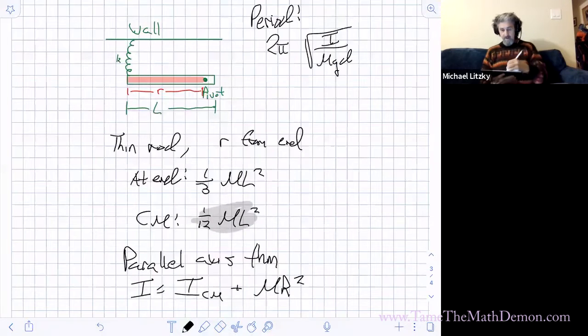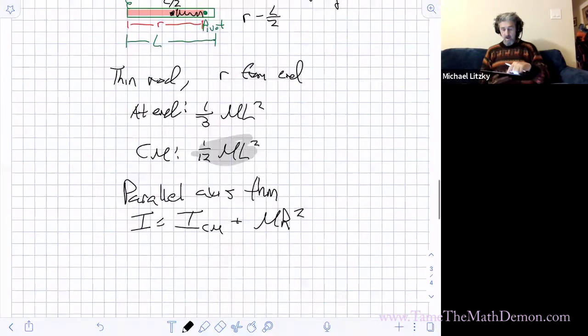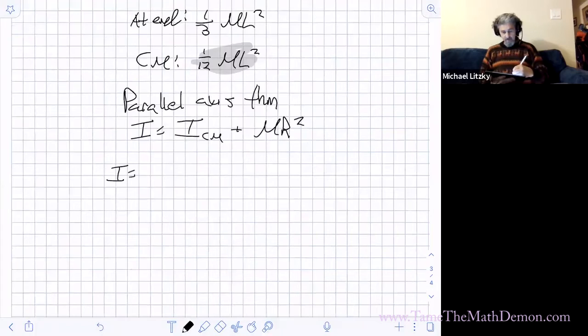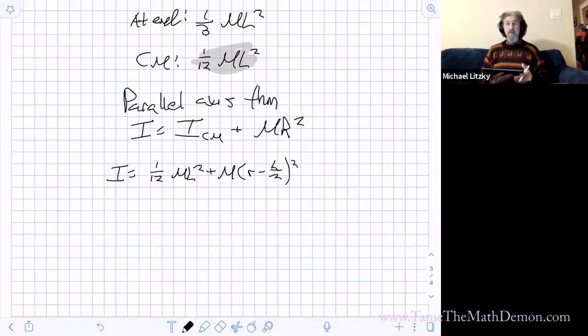Center of mass would be about here at L over 2. So this distance that we want, this distance here, is r minus L over 2. All right, we should be able to do it then. The inertia is 1/12 mL squared plus m times r minus L over 2 quantity squared.